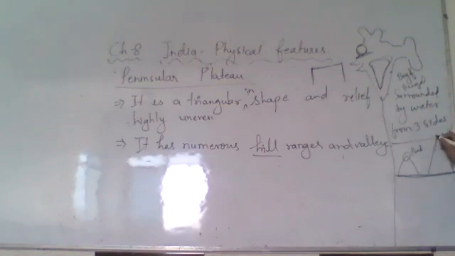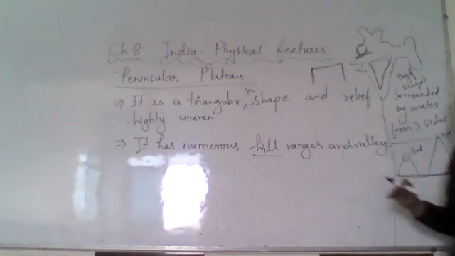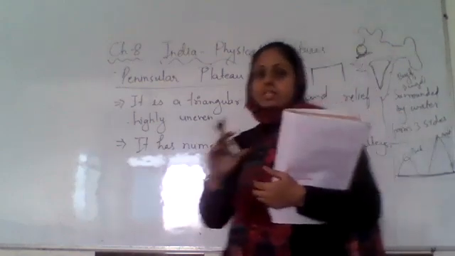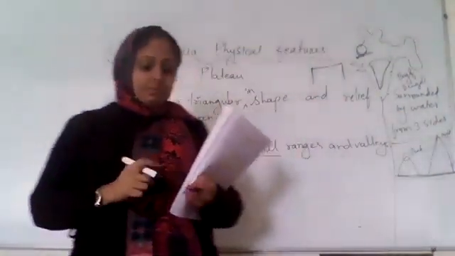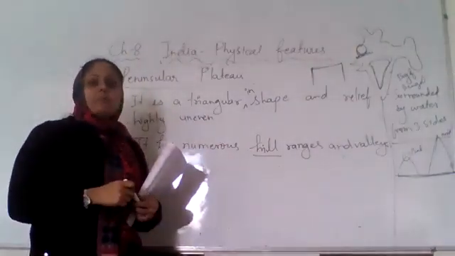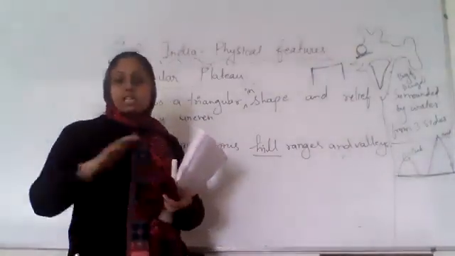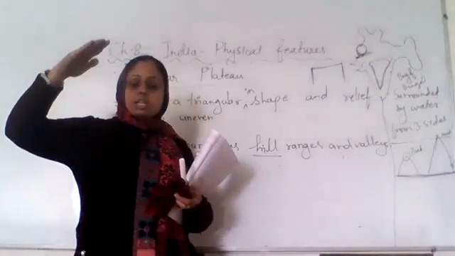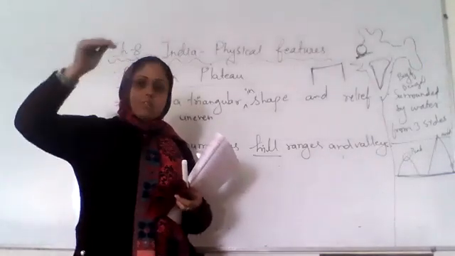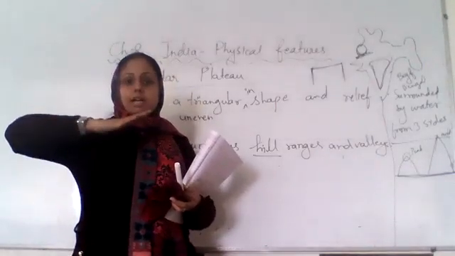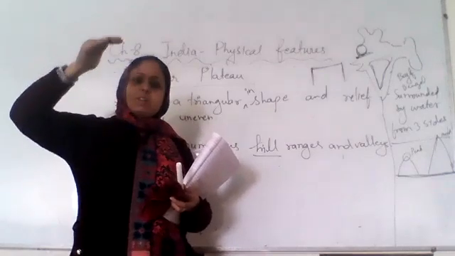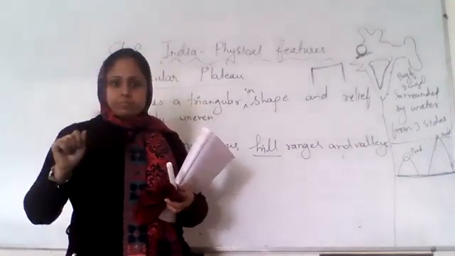This is mountain. The mountain will be very much high, but hills will have less height. That is the difference. It is also elevated, raised from the land, but it will have very less height.